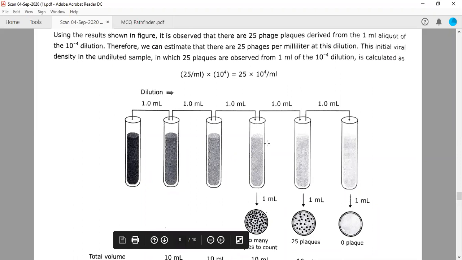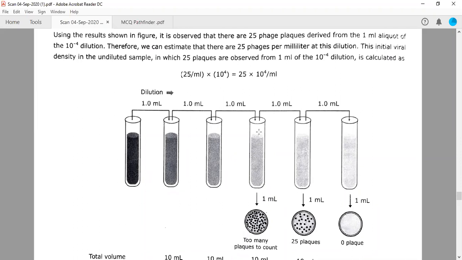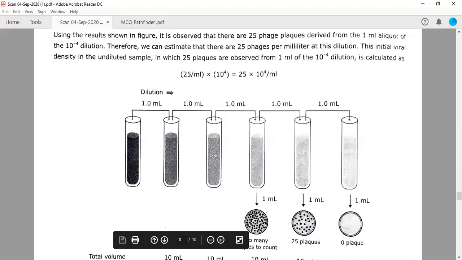But suppose you have grown the bacteria in a culture plate, and you are adding viruses from this particular tube. So actually there are too many plaques over the plate. You are not able to count sometimes. And if you take from this tube, it will even show a great number of plaques.